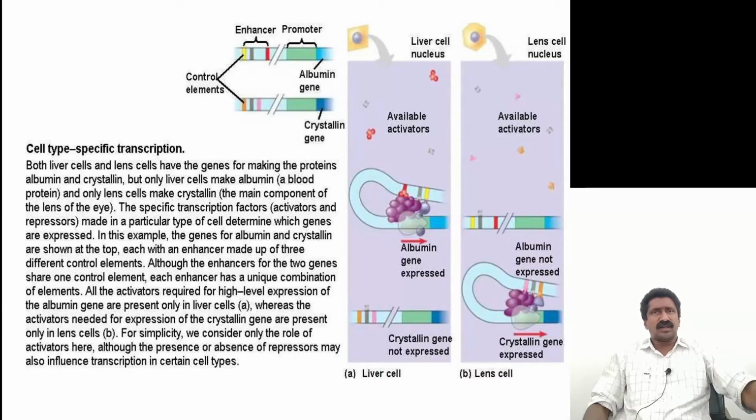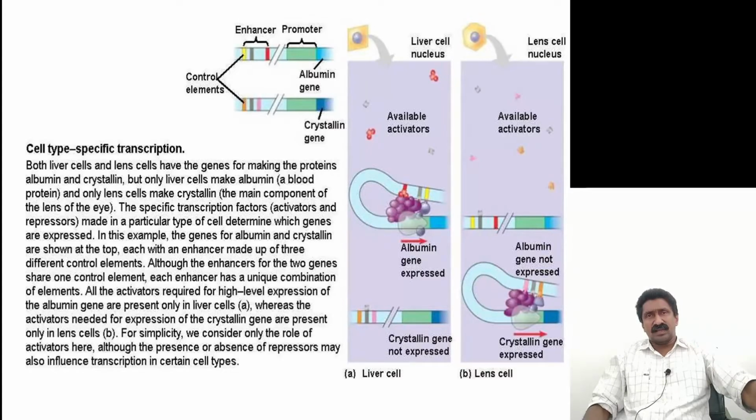In eukaryotes there are various enhancer and activator elements present upstream, and the enhancer elements or control elements are in both the genes. This is the albumin gene and this is the crystallin gene. Albumin gene is present in liver cells and crystallin gene is present in lens cells of the eye.